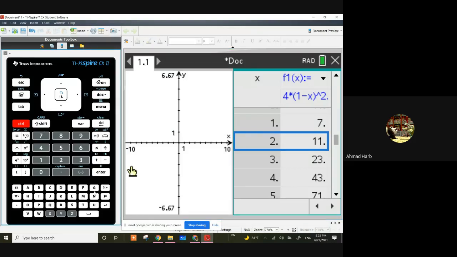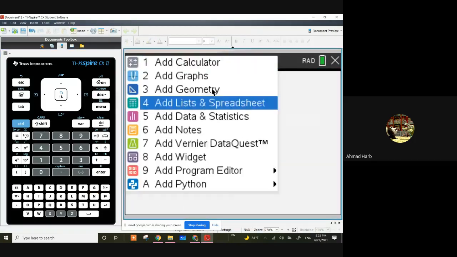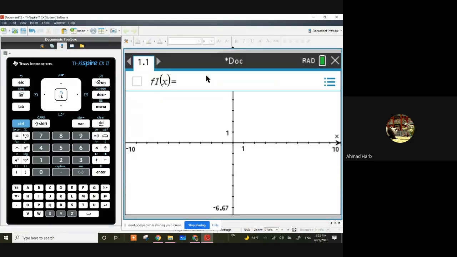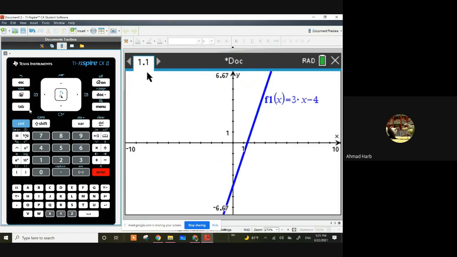Ctrl N, add graph. And the first function is 3k minus 4, which is 3x minus 4. Enter, not 44, 4. And tab. And the next one is 6 minus 4 parentheses x minus 1.